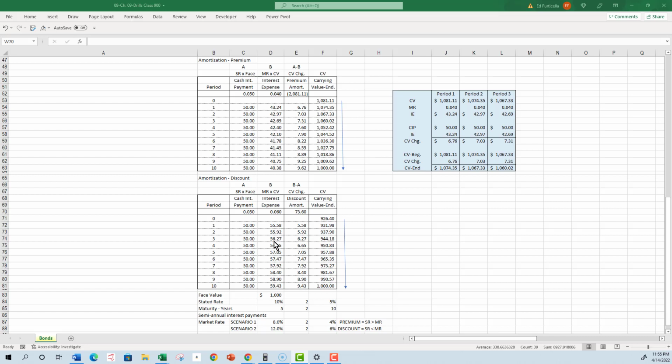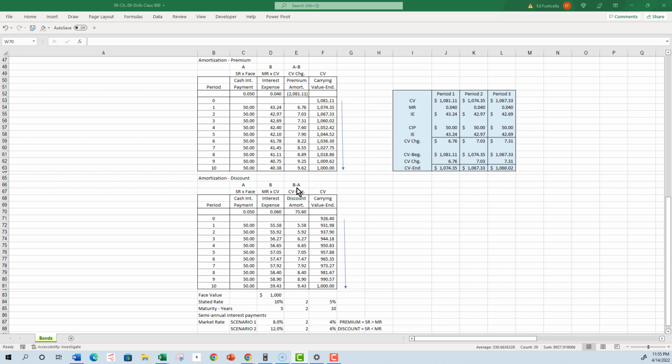The change in the carrying value of $6.27 is the difference between the interest expense calculation of $56.27 and $50 in cash interest payments. We add that $6.27 to the prior carrying value of $937.90 to get the new carrying value of $944.18.